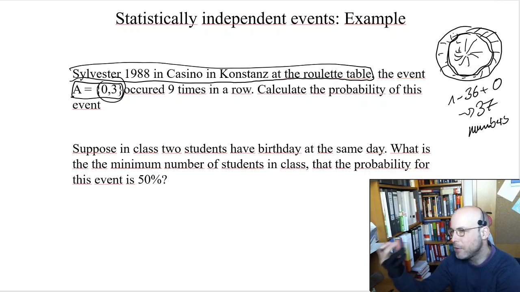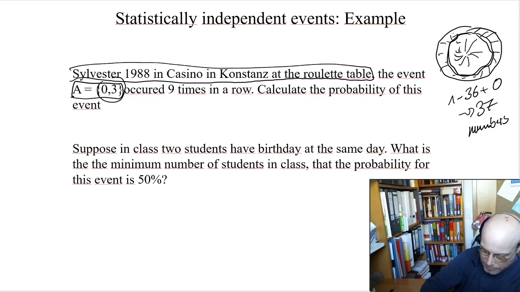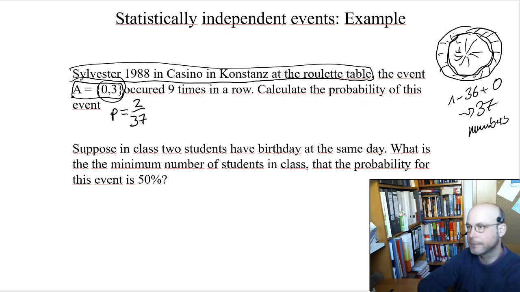We think about a perfect wheel, like a perfect dice, then every number has the same probability. Yes, of course. So P is then 2 over 37.